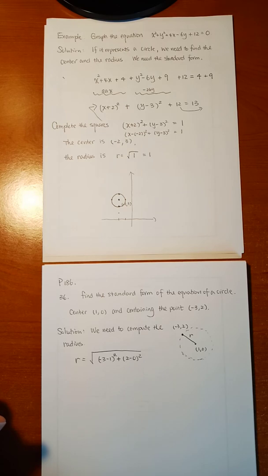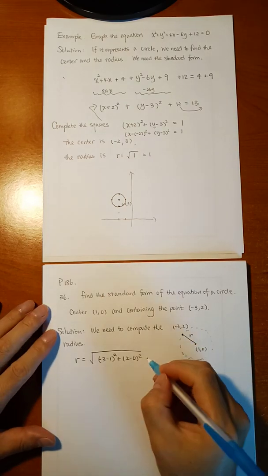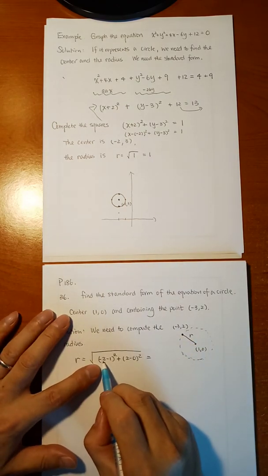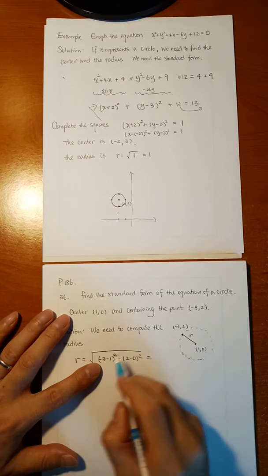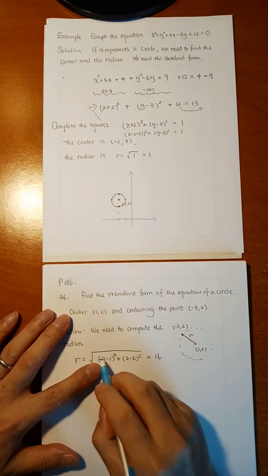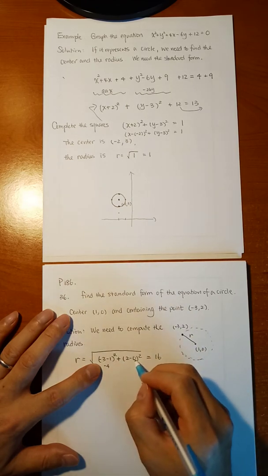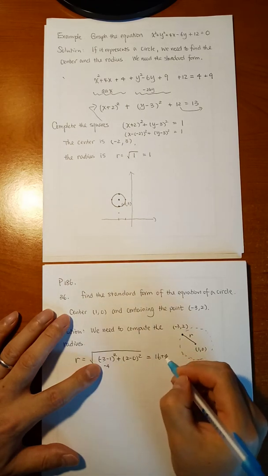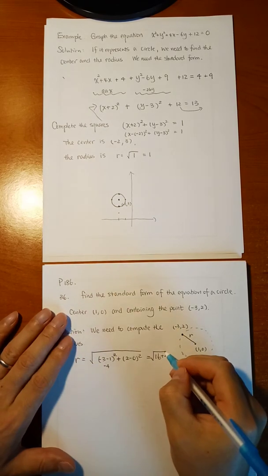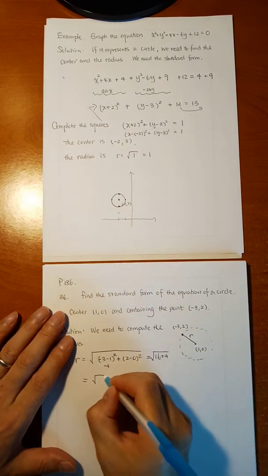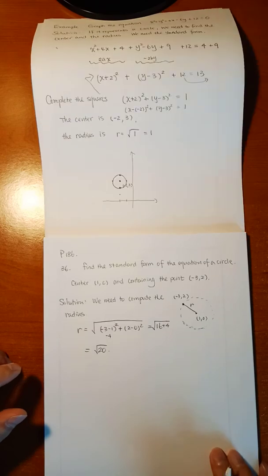Okay? Then let's just compute what it is. So -3 minus 1 is -4. -4 squared is 16. 2 minus 0 is 2. 2 squared is 4. So the square root of 16 plus 4 is the square root of 20. Okay?